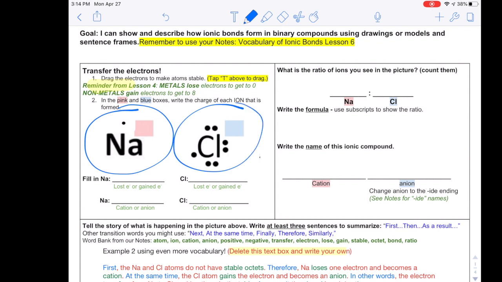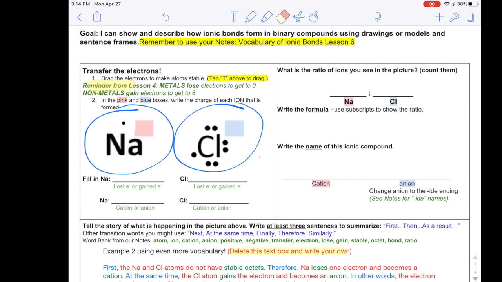Now if the Na loses one, remember that underneath that energy level is another one that's full. So Na has 8 electrons underneath there, that if that one is gone, then it will have that full layer underneath.